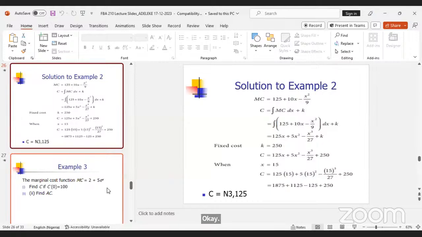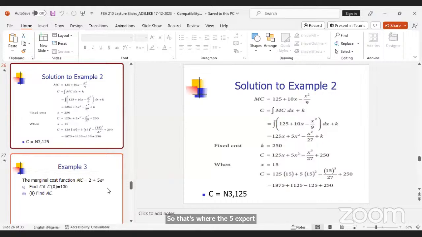The second term is 10x. It's just like integrating Ax. What's the integral of Ax? It's Ax squared over 2. So the integral of 10x is 10x squared all over 2. Of course, 2 will divide 10, and that will give us 5. So that's where the 5x squared is coming from.